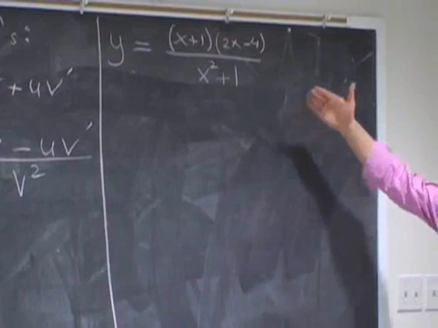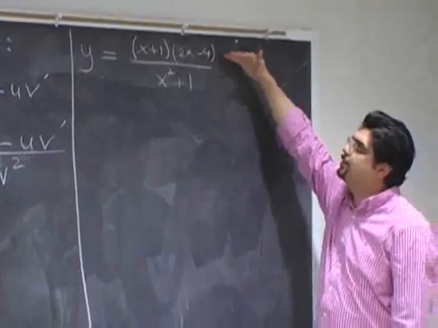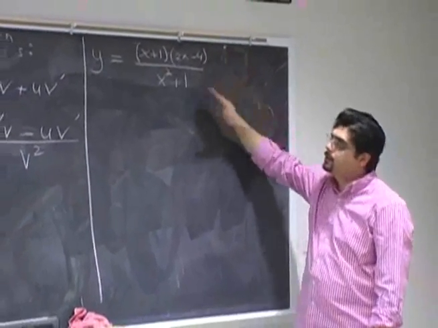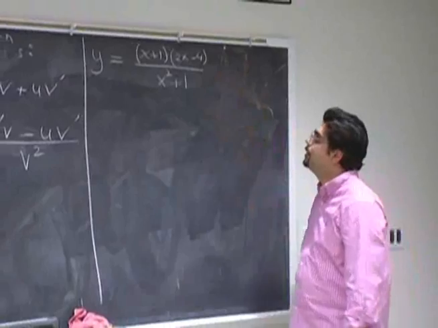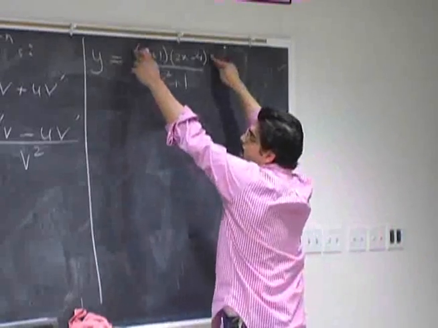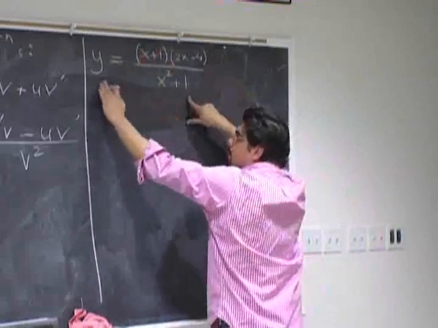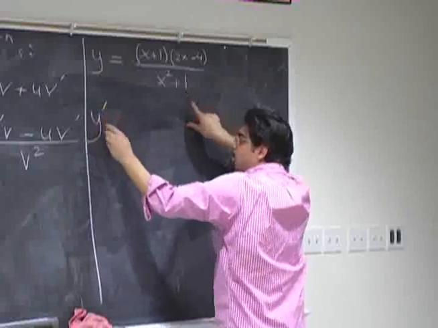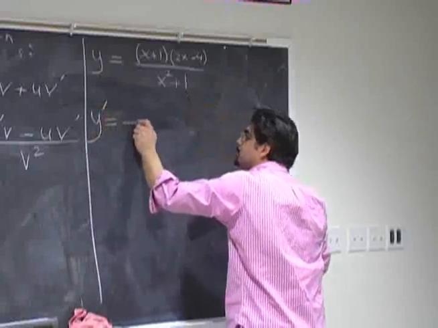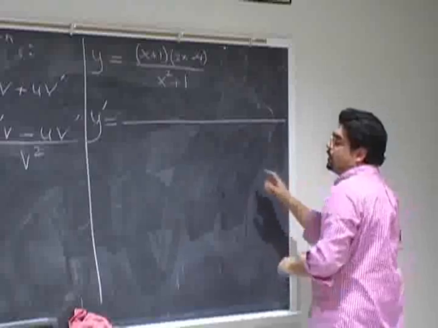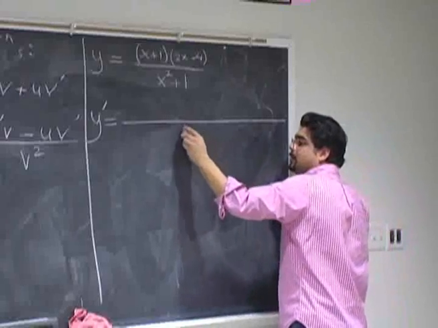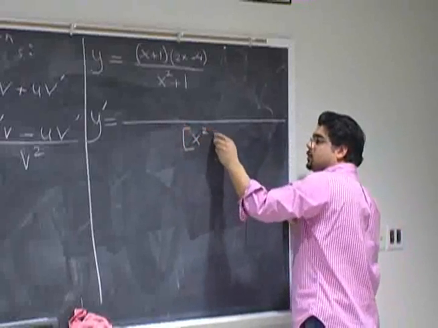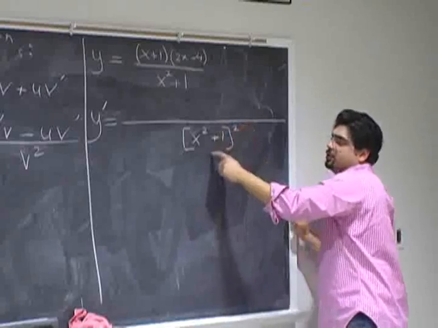So we look at this function and we see that this is a quotient of two functions, right? So we're going to be using the quotient rule. You can think of this numerator as f and this denominator as g. And just using prime notation, let's write the denominator first. The denominator would be the square of the old denominator. That's our g squared.